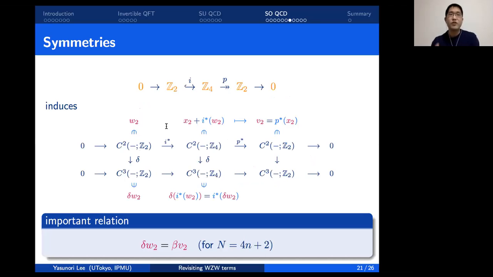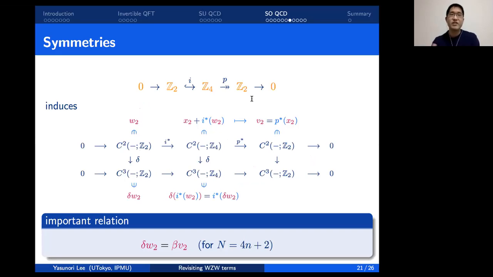For the 2 mod 4 case, all the information is encoded in the short exact sequences called cohomology groups, induced from another short exact sequence above. This Z4 is the center Z4 of Spin(4n+2), and this Z2 on the right is the mod 2 reduction of this Z4.